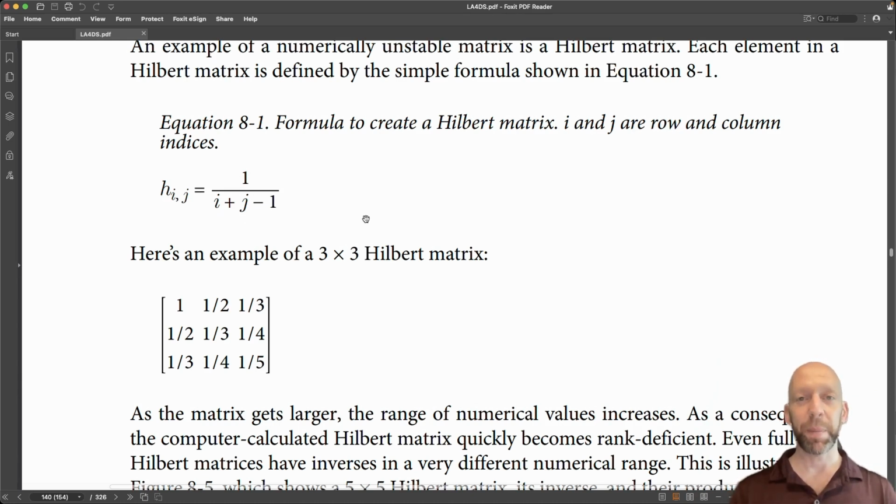Now, you have to keep in mind that mathematics, like chalkboard mathematics on a piece of paper, is indexed using 1. So it's 1-based indices, which means that the first element, element 1,1, which means the first row and the first column, is actually i equals 1 and j equals 1.